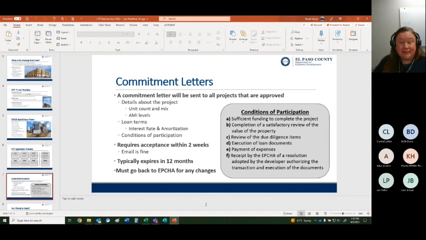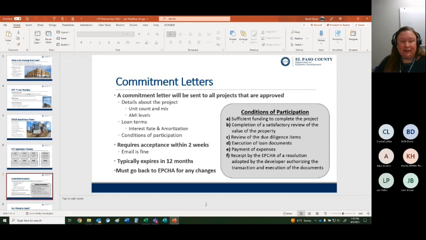Commitment letters: those organizations that do receive a commitment letter from the Housing Authority, that commitment letter details the project. So it will say the unit count and the mix of units. So how many 2 bedrooms, how many 3 bedrooms, there's 100 units overall, and the AMI levels that you're hoping to hit.